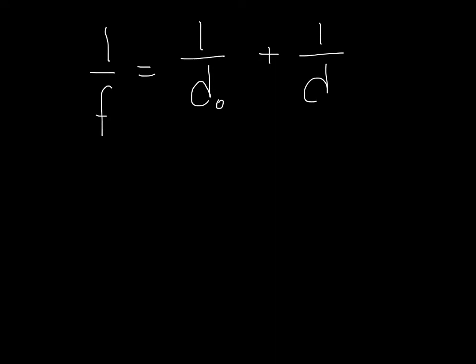So, to find the focal length mathematically, 1 over the focal length is equal to 1 over the distance of the object plus 1 over the distance of the image. So F is your focal length.